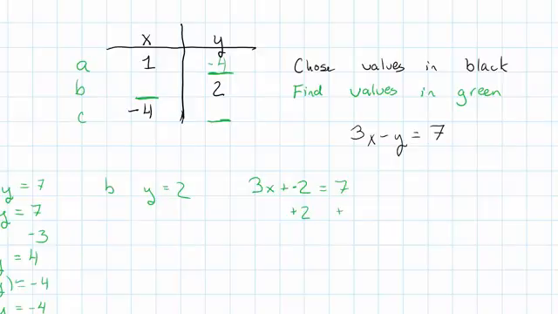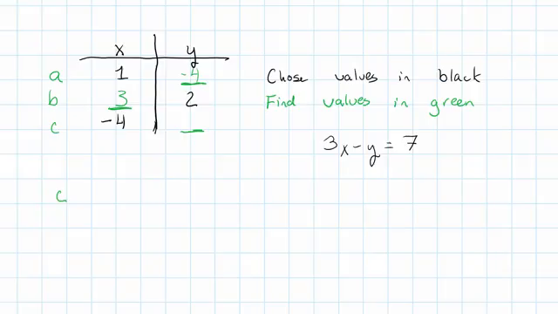We'll do that by adding 2 to both sides. 3x equals 9. We'll multiply both sides by 1/3. The 1/3 and 3 cancel, and we get x equals 3. When y is 2, x is 3.